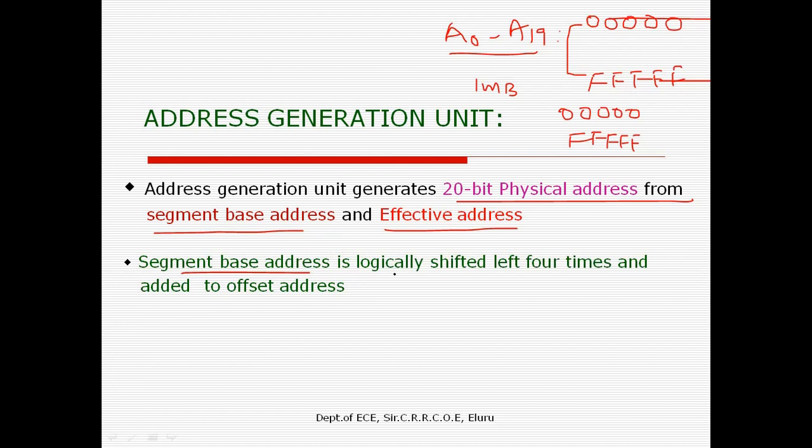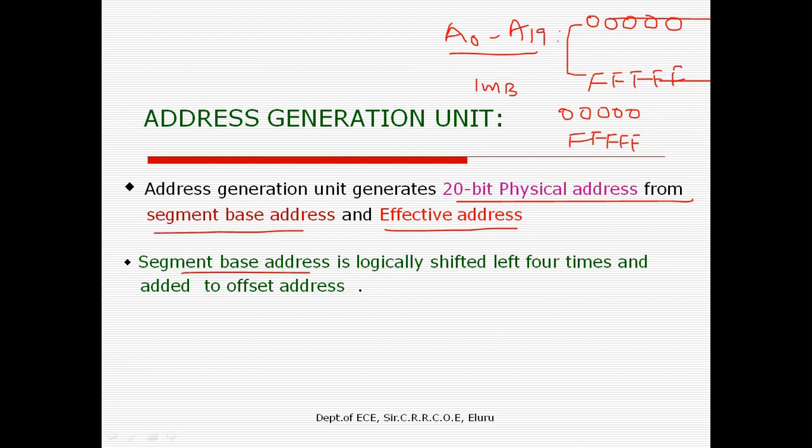This segment base address is logically shifted left by 4 times, and that is added to the offset address. If the segment base address contents are shifted logically left by 4 times and added to the offset or effective address of the instruction pointer register, then we will get the 20-bit physical address. We will take an example and see that.